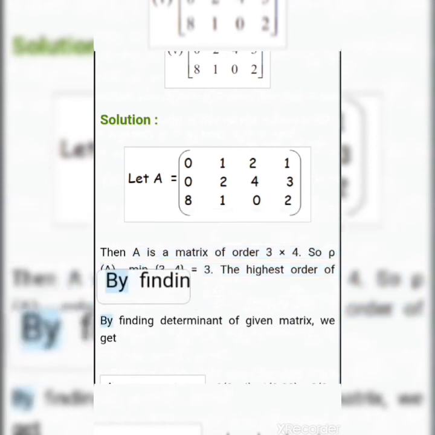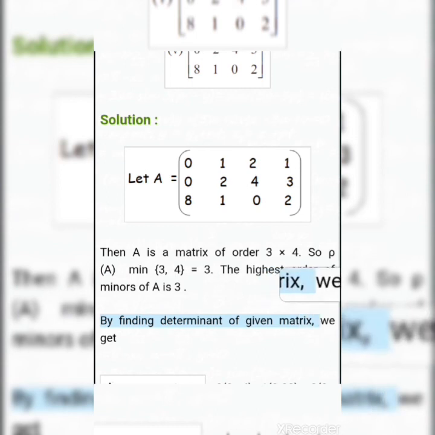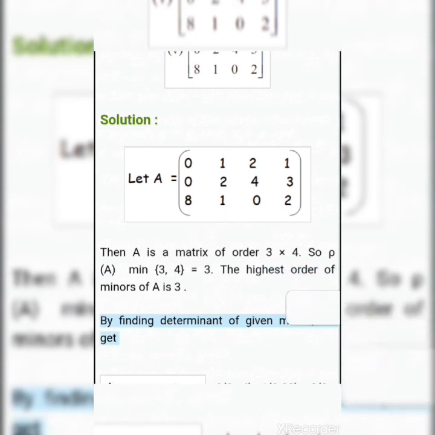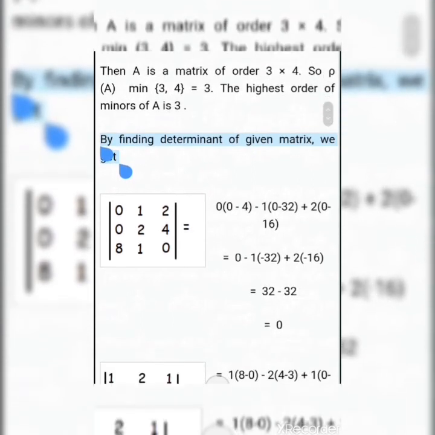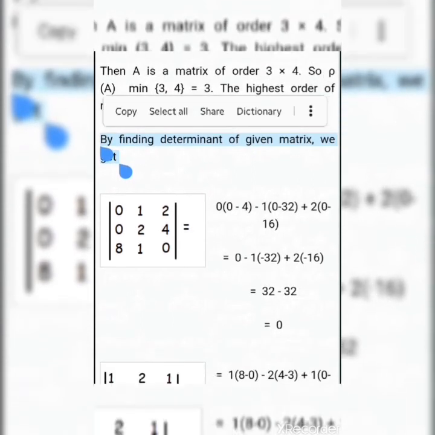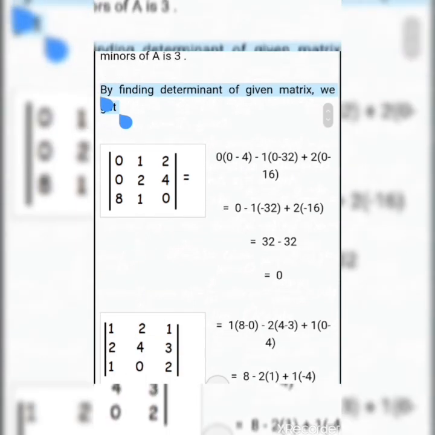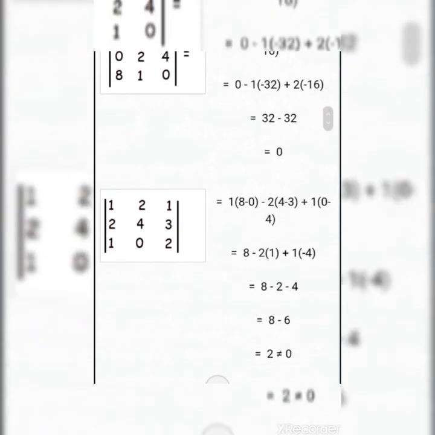By finding the determinant of the given matrix, we expand along R1. First minor: 0 1 2; 0 2 4; 8 1 0. Obviously it is 0. Here R1 and R2 are proportional, so the determinant value is 0. No need to expand like this. Okay. Next, 1 2 1; 2 4 3; 1 0 2.